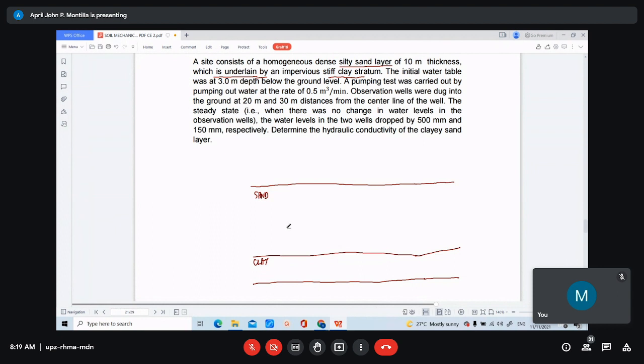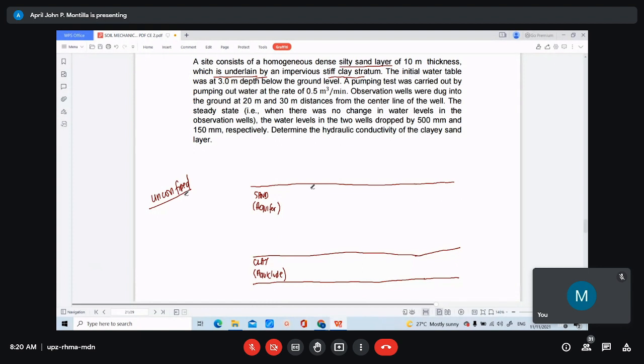Kaya intindihin nyo mabuti kung ano yung sinasabi ng problem. Pag sinabing sand, that is considered as aquifer. Pag sinabing clay, that is considered as aquiclude. Ngayon, ito yung setup. Nasa itaas yung aquifer. Kapag yung aquifer ay nasa pinakaitaas na layer, that is considered as unconfined aquifer. Alam na natin ang condition: unconfined.